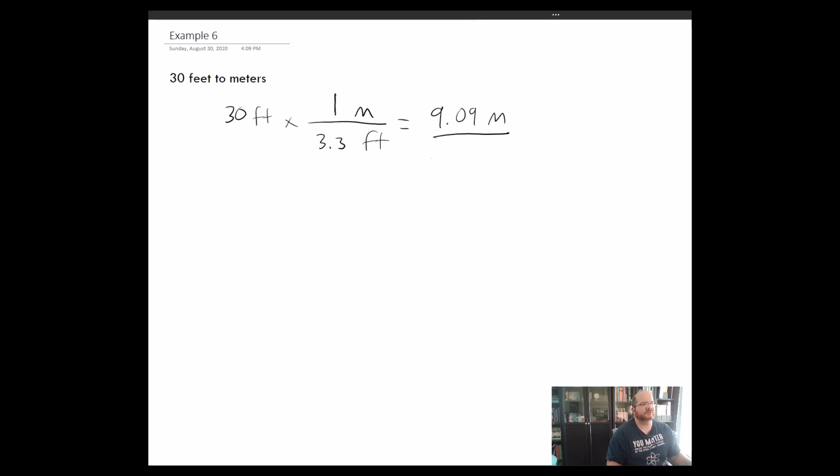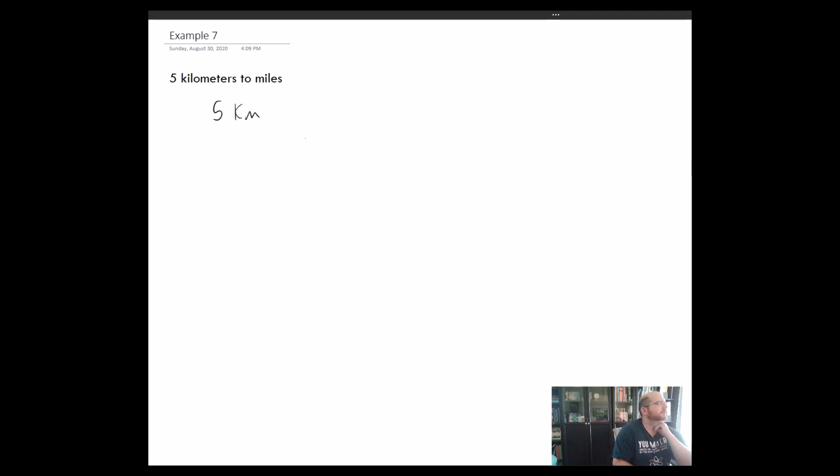Moving on to the third example, we're going to go 5 kilometers to miles. Now again, I don't know the number of kilometers to a mile, so I'm going to have to convert it to some sort of intermediate unit, let's say meters. Alright, so the old unit kilometers is going to go on the bottom, the new unit meters, and there are 1,000 meters in 1 kilometer.